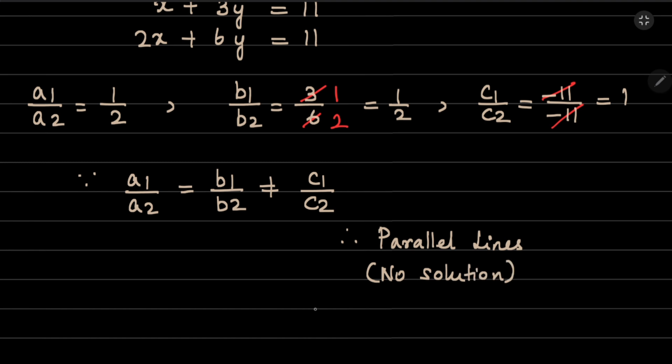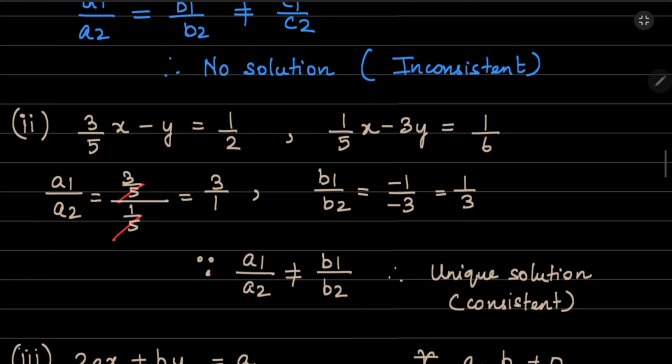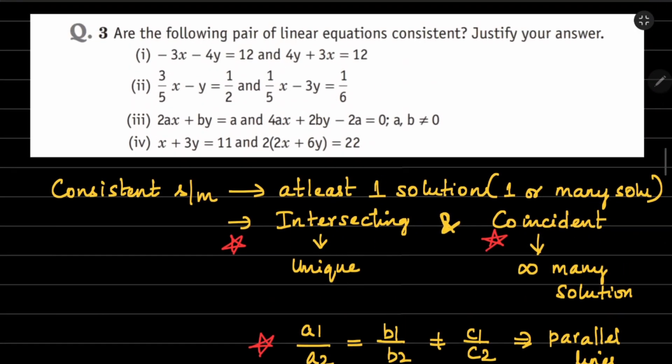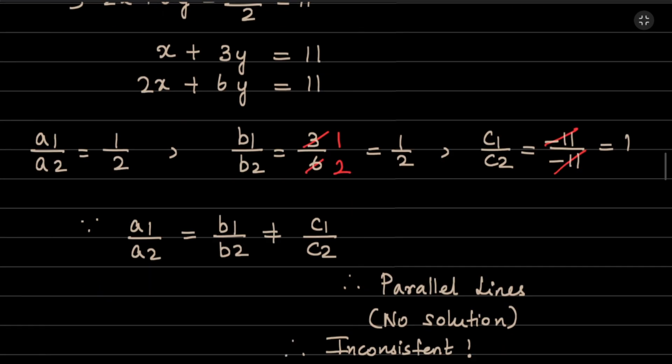And when they have no solution, you can call the system inconsistent. Now we have completed this question. There were 4 questions underneath this, and we have done all of them. So let's now move on to the next question.